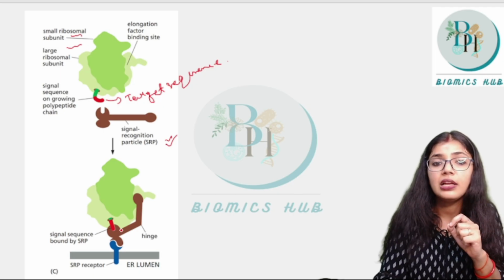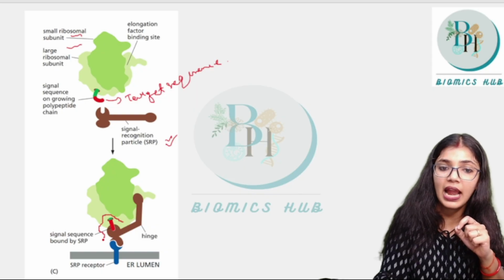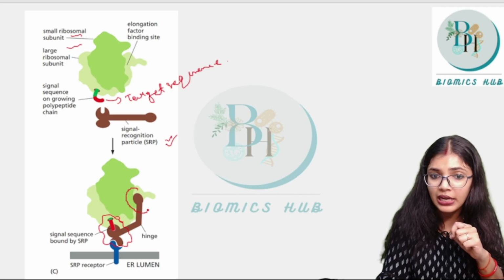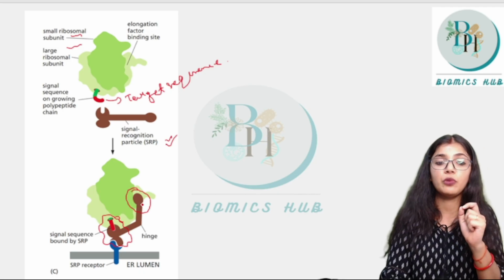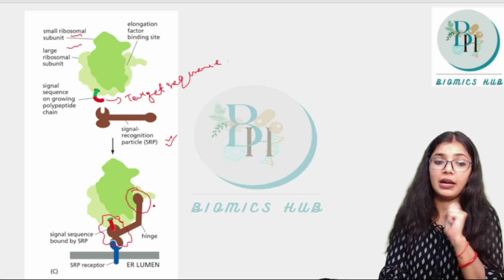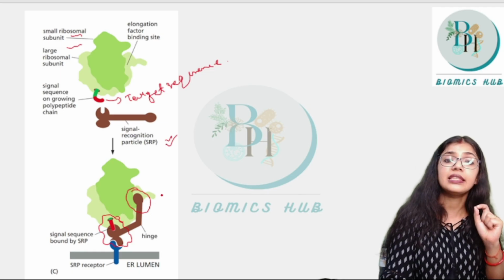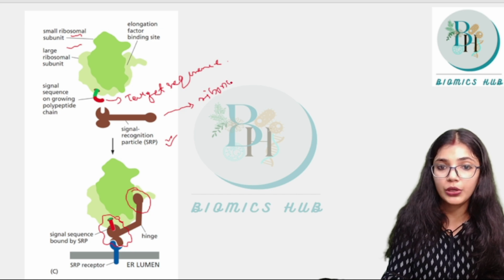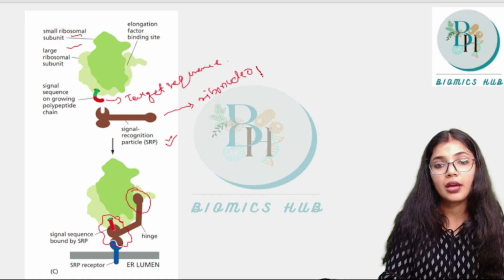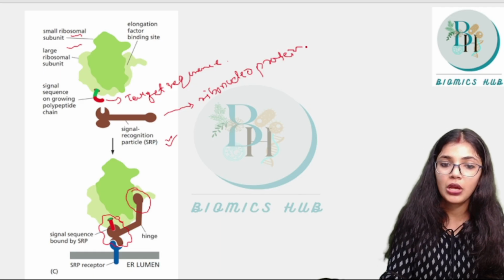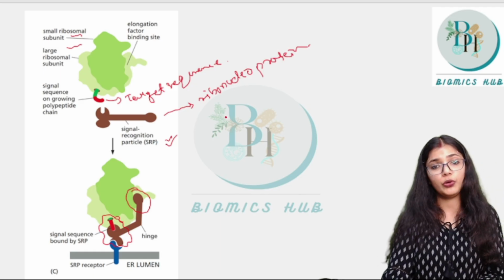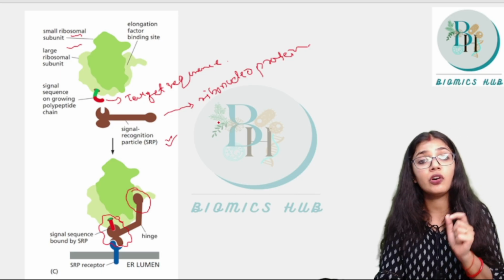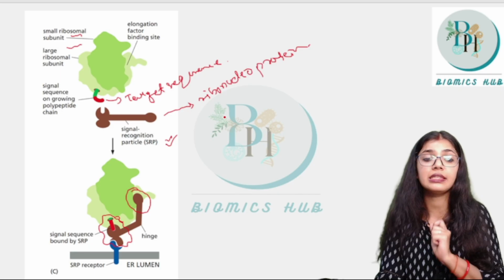You can see this is the part where it has attached to the signal sequence, and this is the part where it has attached to the small subunit and blocked it. Okay, and this SRP is a ribonucleoprotein. What do we mean by ribonucleoprotein? That means this particle is made up of RNA as well as protein.